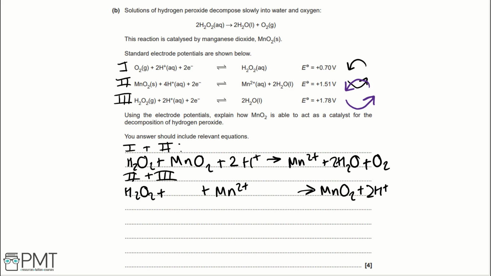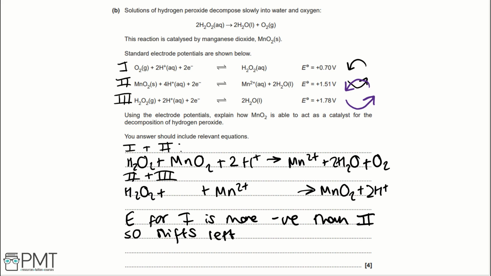Now, a bit of reasoning, we would write that the electrode potential for 1 is more negative than 2, so shifts left. And that's enough reasoning.